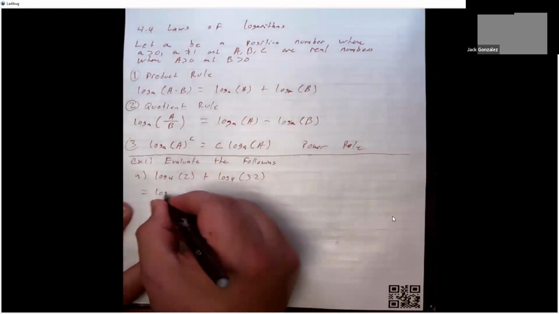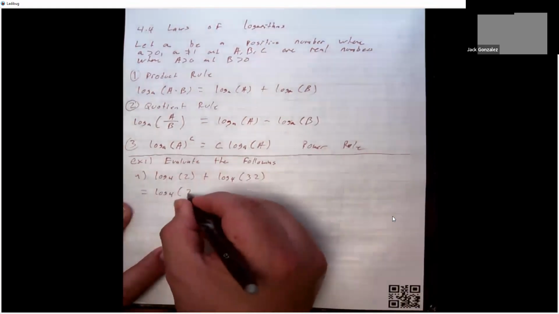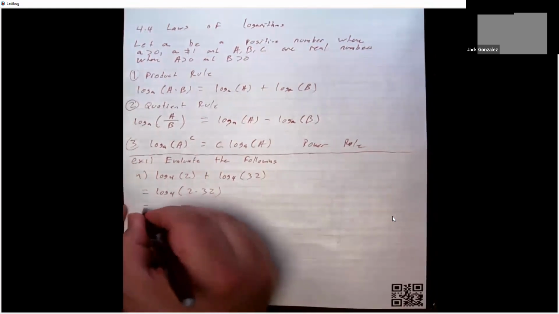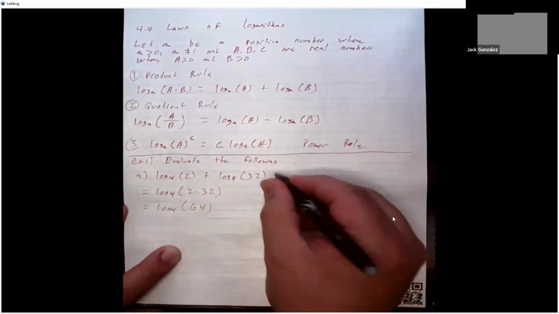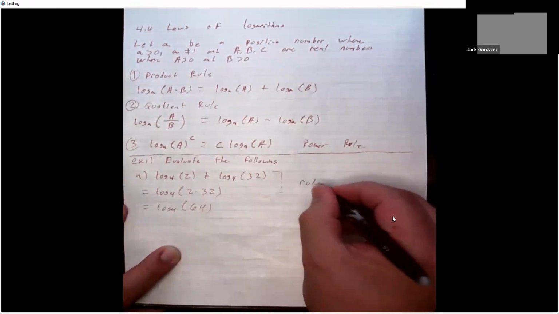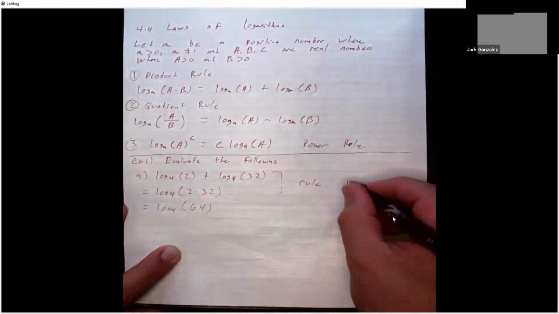So right away, you will see that this is going to be log base 4 of 2 times 32, which is a log of 64. So from here to here, we use rule 1. Now the question becomes, can you simplify like we did in 4.3? Can I turn this into a 4?